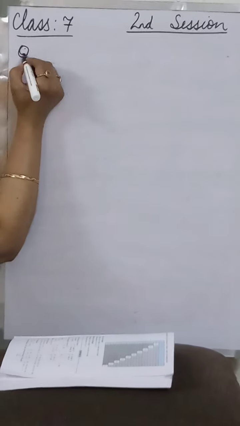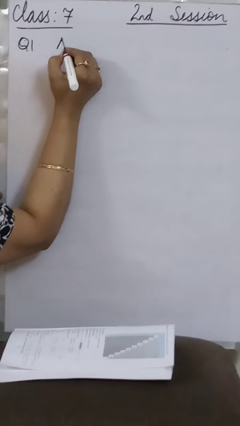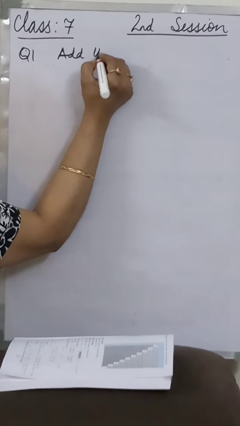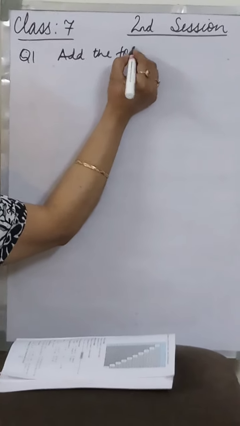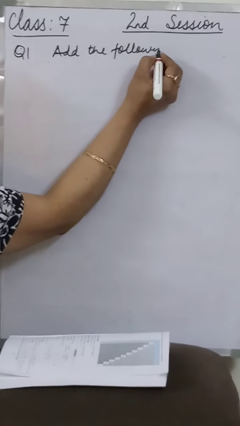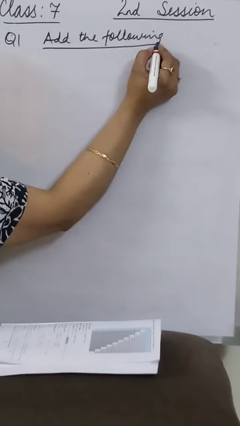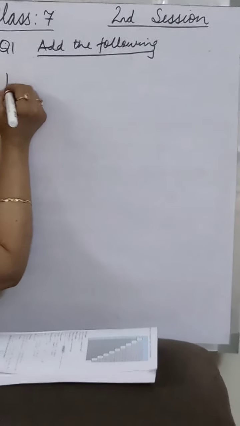Question number 1, what are they saying? Add the following integers. So write the question line. I am doing the second and third one for you.